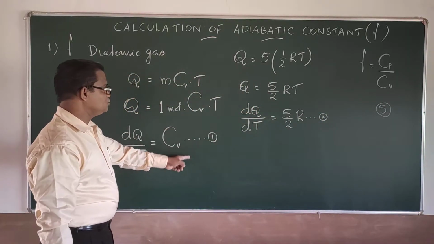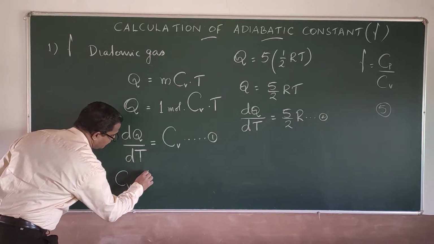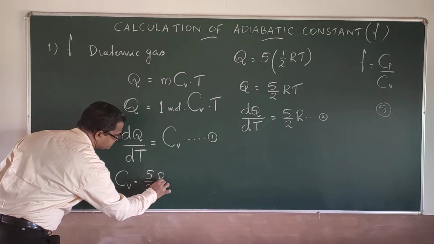Comparing equation 1 and 2, we get Cv equal to 5 by 2 R.